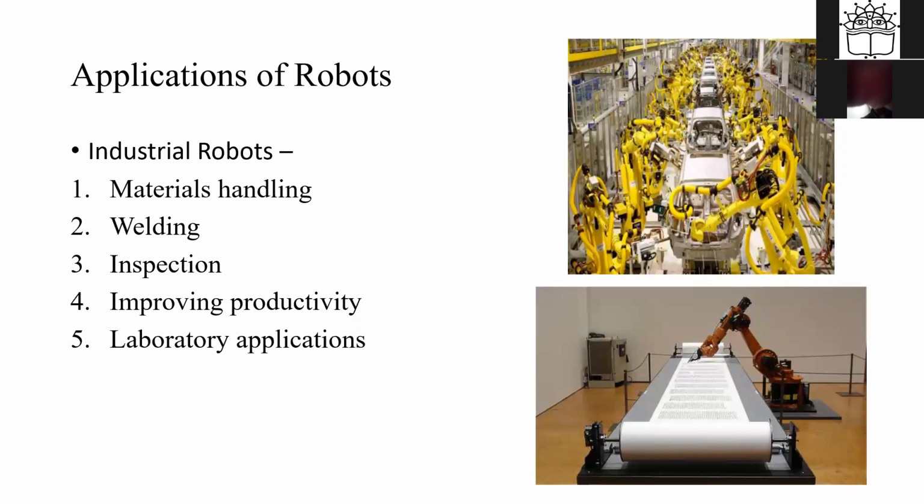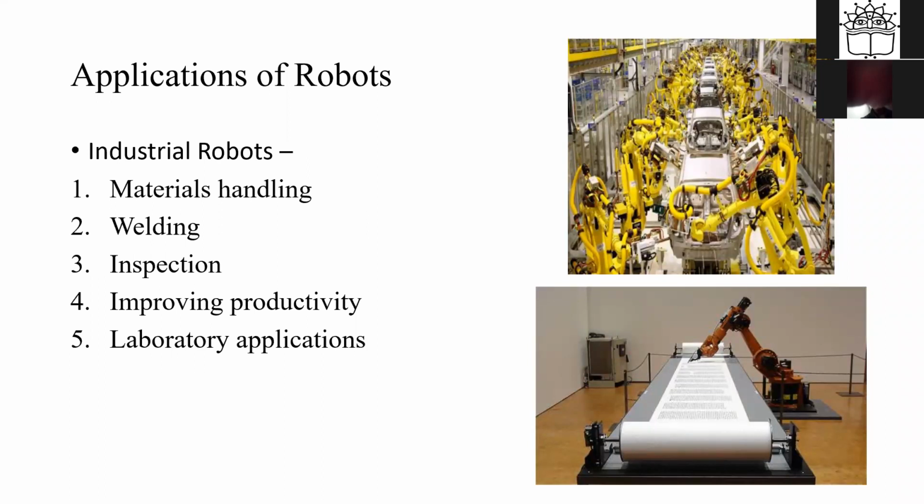Now, what are the applications of robots? Where are robots used? Now you can see the photograph. A vehicle is getting assembled. Simply the chassis is there, then there will be steering, then doors and glasses, and everything will get assembled. So material handling robots are there. Assembly robots are there. For welding, we can use robots.